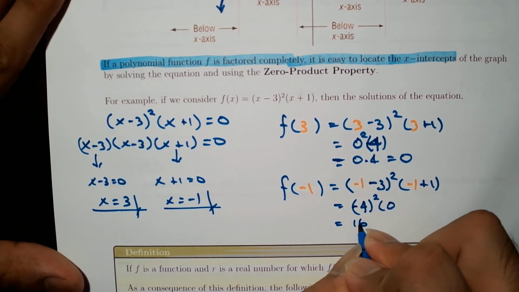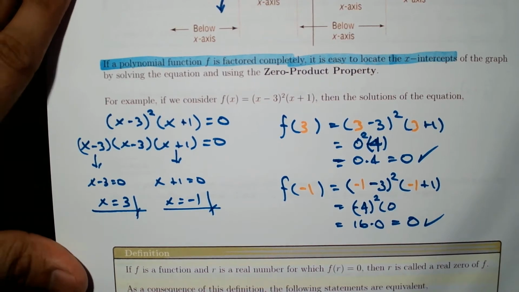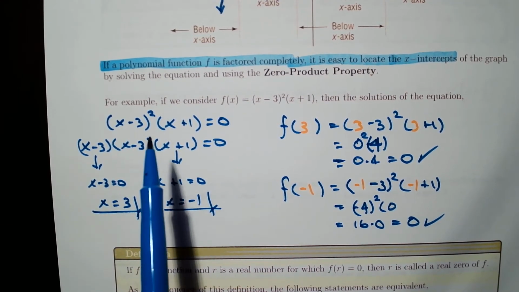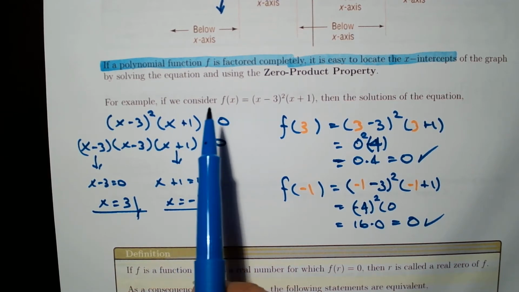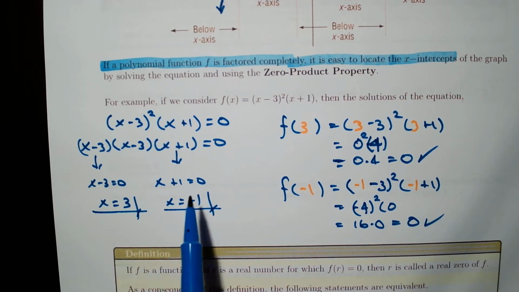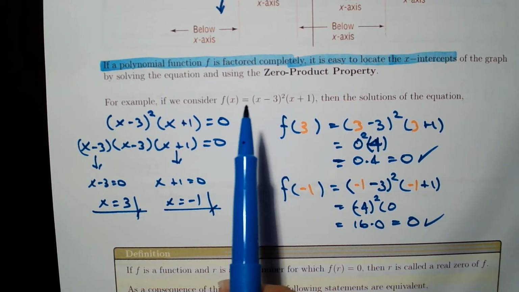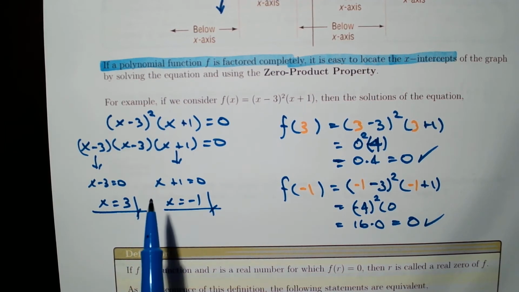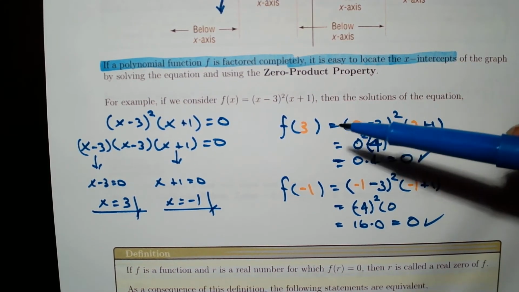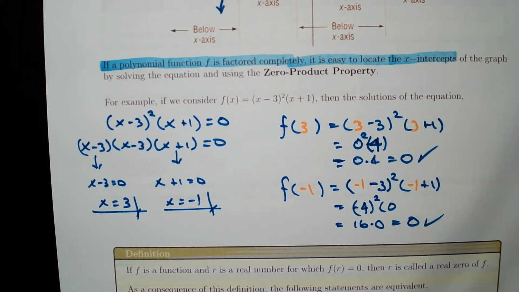So this is 16 times 0, which is 0. Okay, so the solutions to the equation f of x equals 0 are the x-intercepts of the graph described by this polynomial, and these values are also the zeros of the polynomial, because those are the values that when I plug them in, I get a y value of 0.